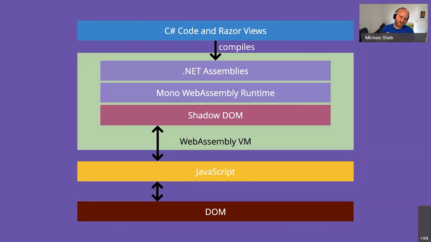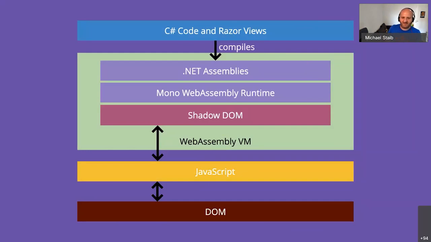And that works also the other way around, because all the changes on my browser DOM will be patched back to the shadow DOM, and then we get events raised in our .NET components and really can work just with .NET. So we actually don't see this JavaScript.